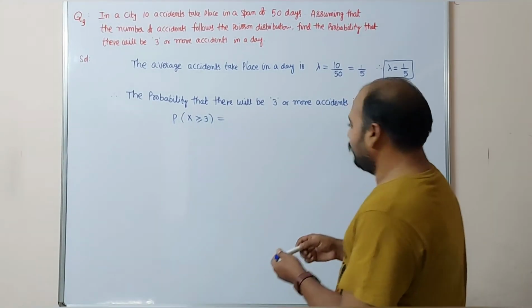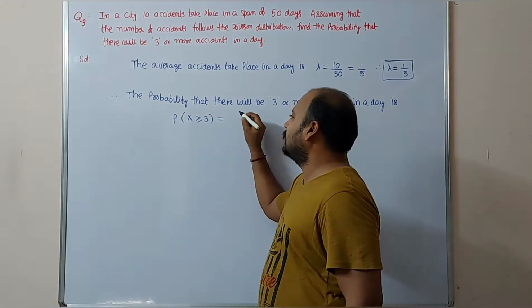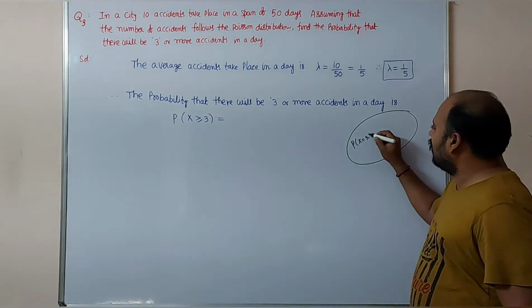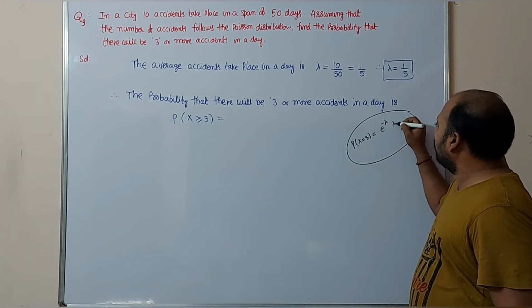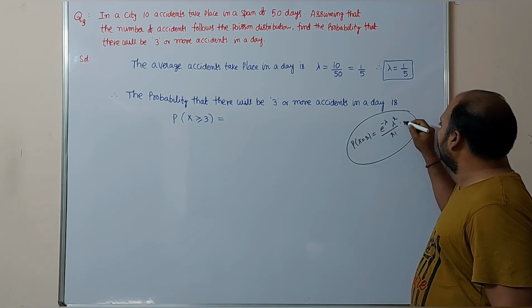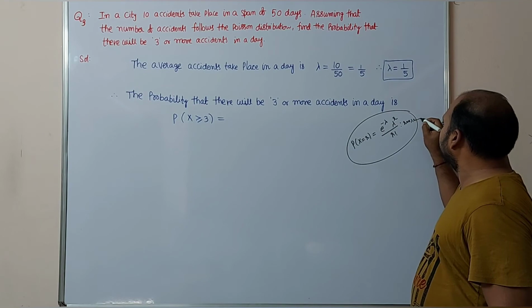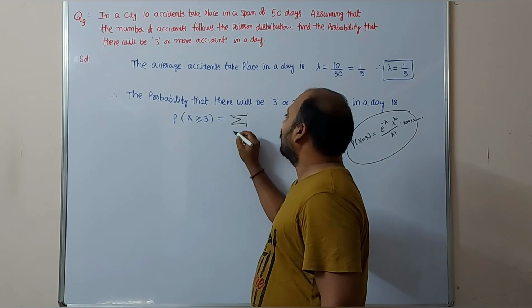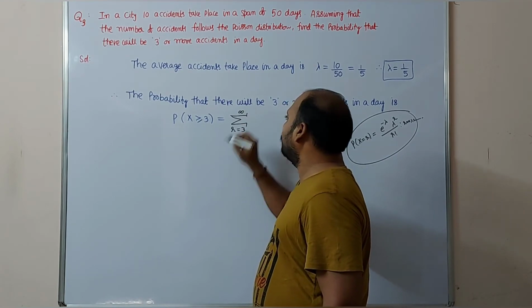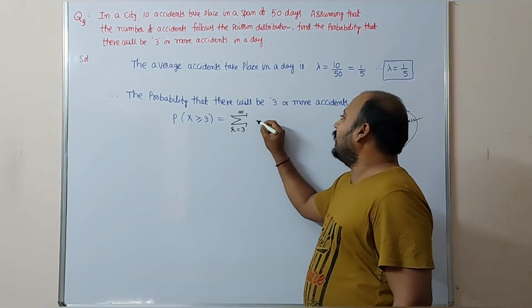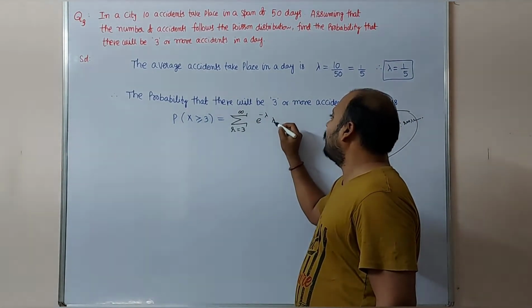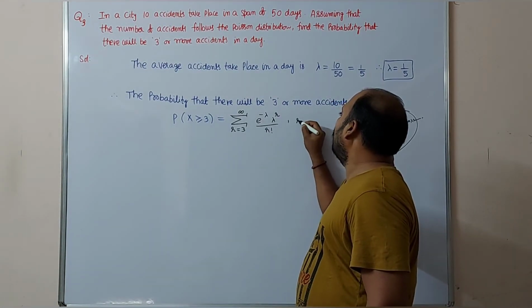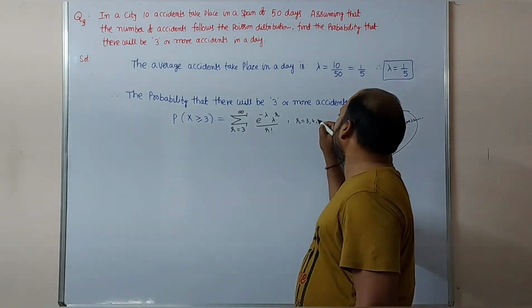So first, P of x is equal to r is e power minus lambda, lambda power r by r factorial, where r equal to 0, 1, 2, 3 and so on. So P of x greater than or equal to 3 means sigma r is equal to 3 to infinity e power minus lambda, lambda power r by r factorial, r is equal to 3, 4, 5 and so on.